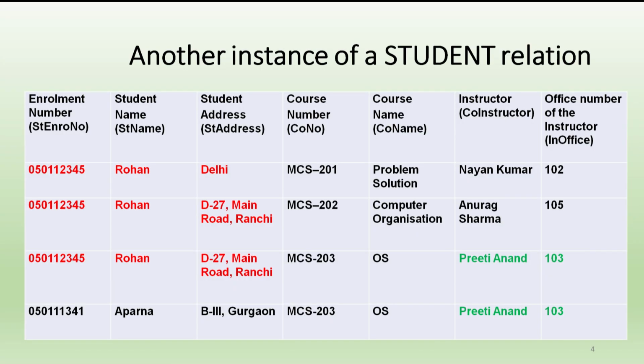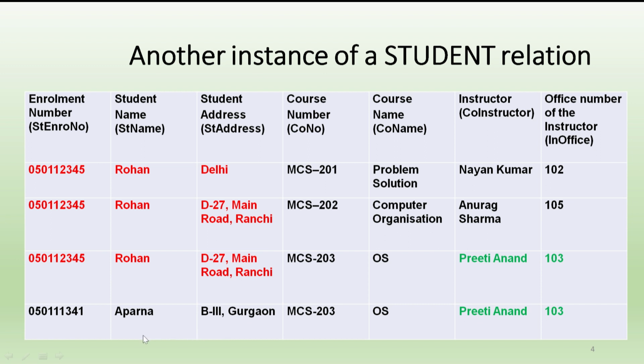Insertion anomaly is, suppose a new student joins, and he or she is given a different enrollment number and has a name, let's say Mohan, and his address is, let's say, in Mumbai.